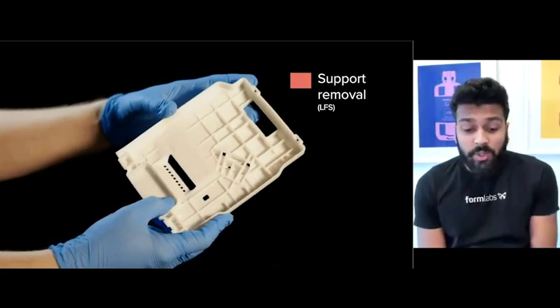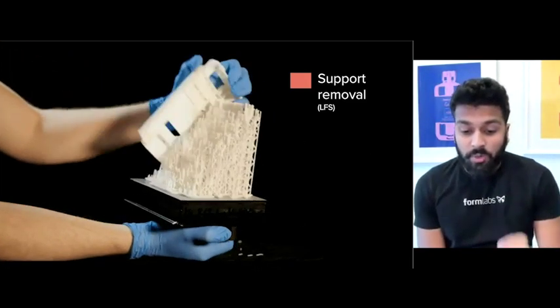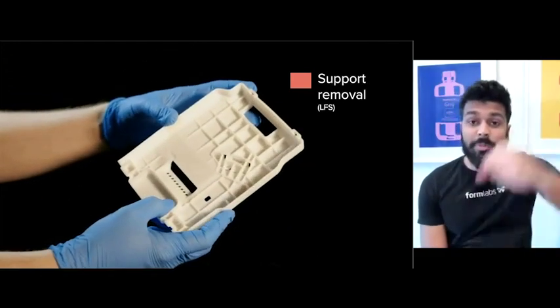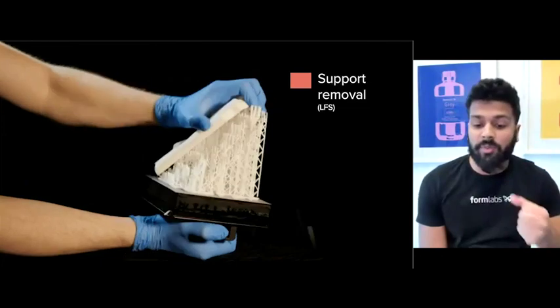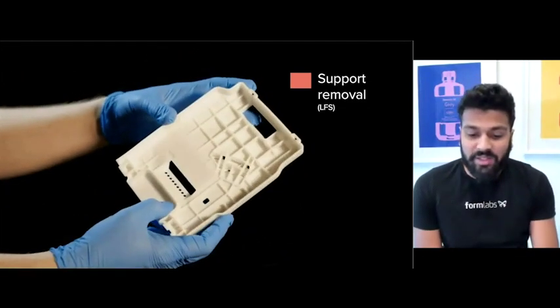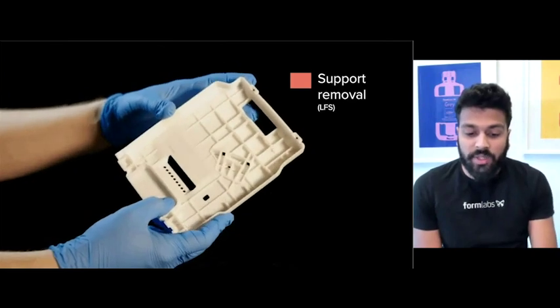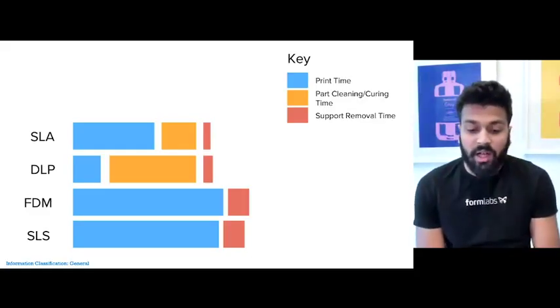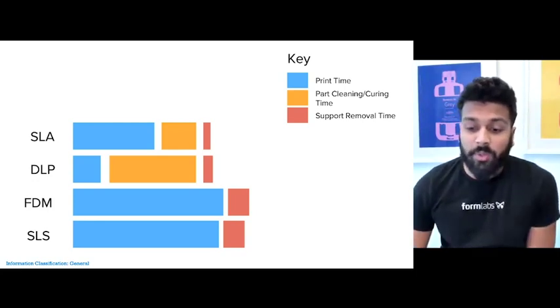In this video you can see this huge part with an incredible support lattice structure. You can just rip it off in one go. That's never been seen before when it comes to SLA in the past. And you can see this nice electronic housing component with thin walls that are still intact once you remove them from these light touch supports.